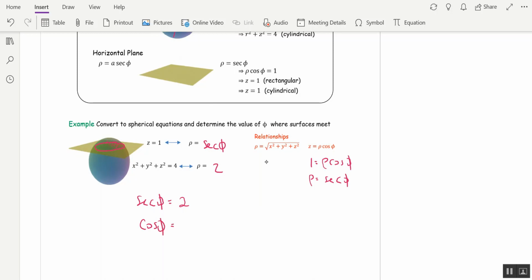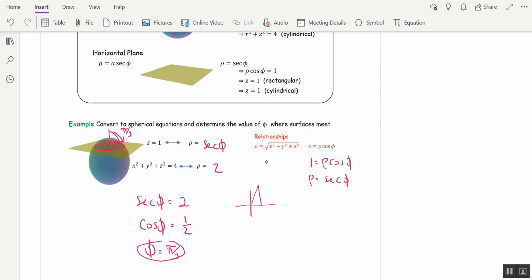The reciprocal of 2 is a half. Now I can solve that. Cosine phi is a half. That would be pi over 3. So this angle here, from the positive z-axis to this circle here, is pi over 3. And so that's the angle where those two surfaces meet.